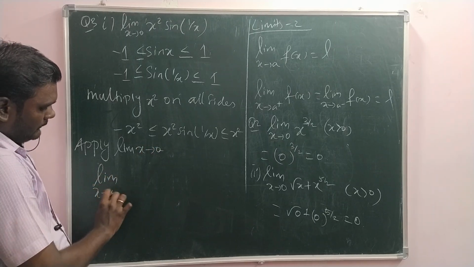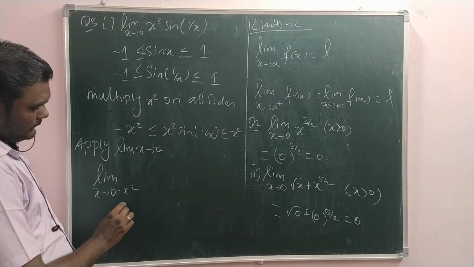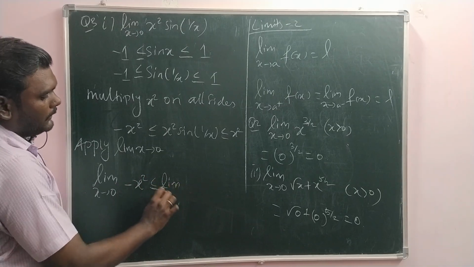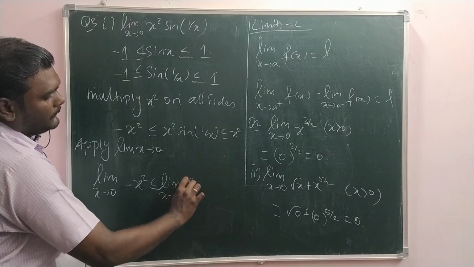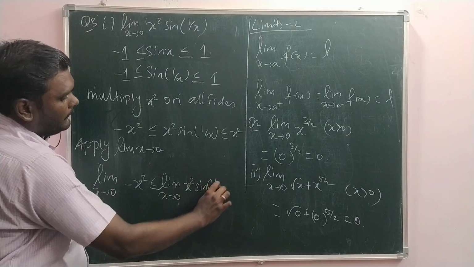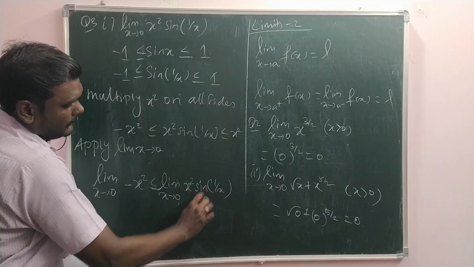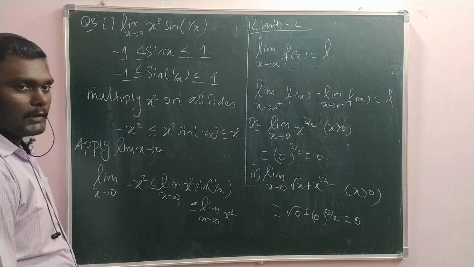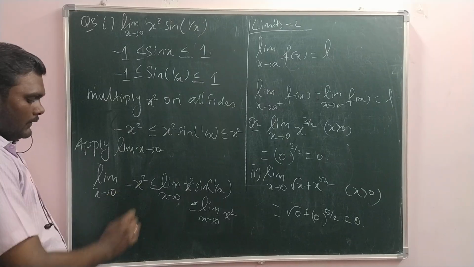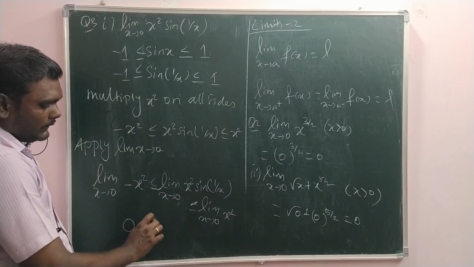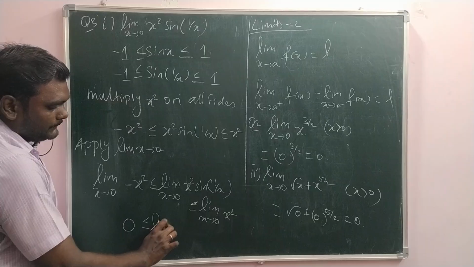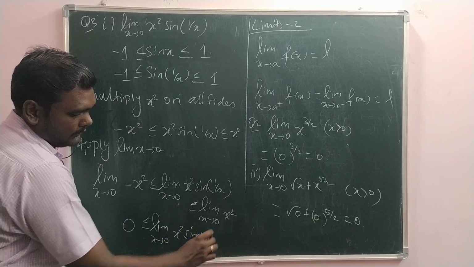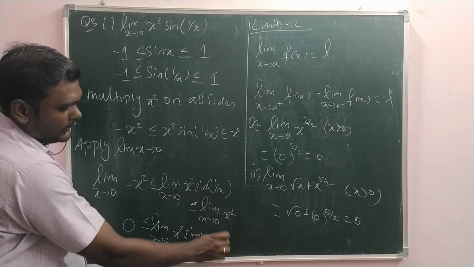So limit x tends to 0 minus x square less than or equal to limit x tends to 0 x square sine of 1 by x less than or equal to limit x tends to 0 x square. Okay, so this is 0 less than or equal to this limit, less than or equal to, this is also 0.